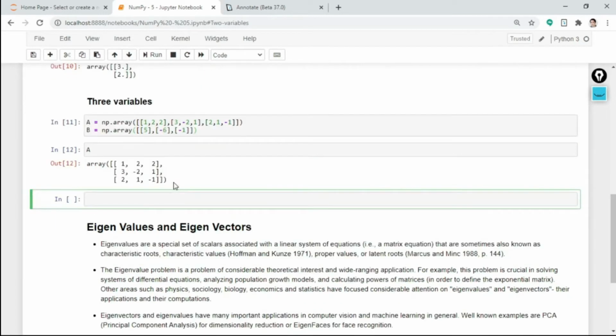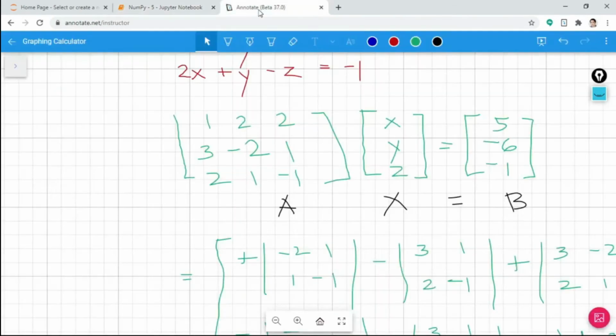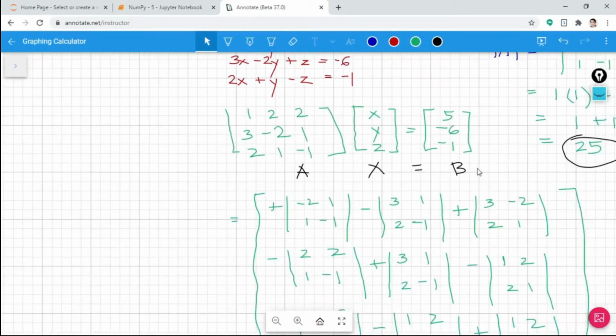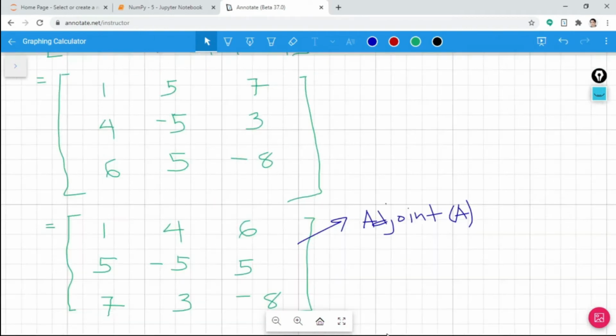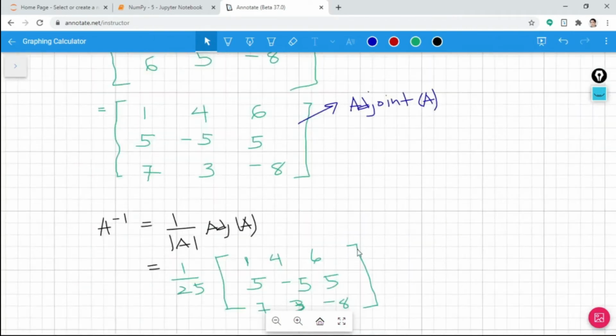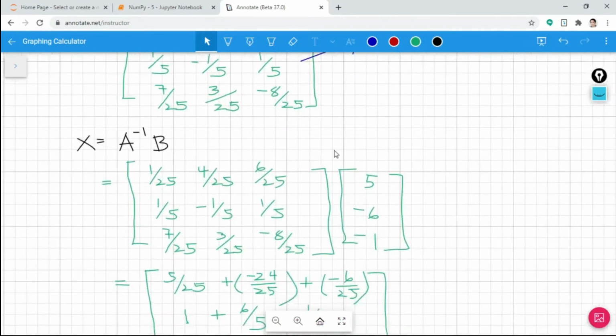So this will be our A, this will be our B. So let's find the solution. So np linalg, let's use the solve function. So A and B. So we're expecting here the specific value. Okay, so we are expecting the solution to be, let me just find the result.